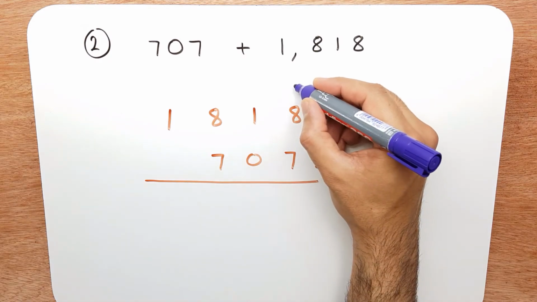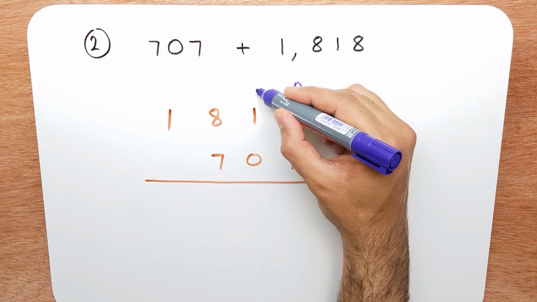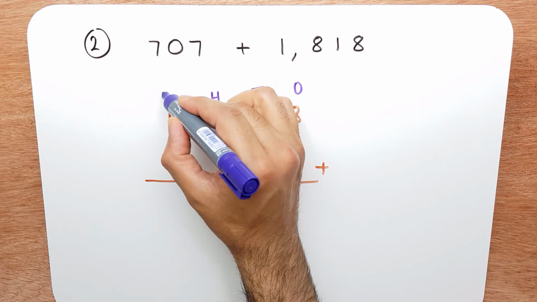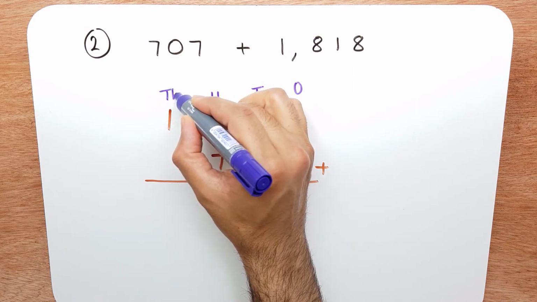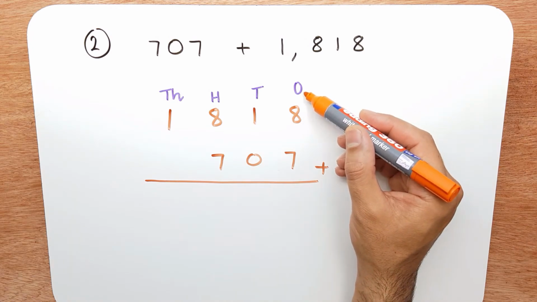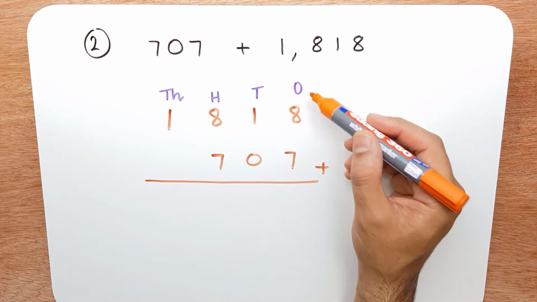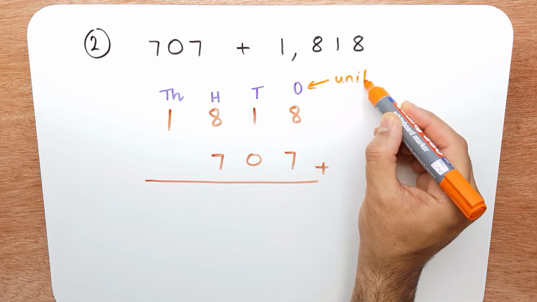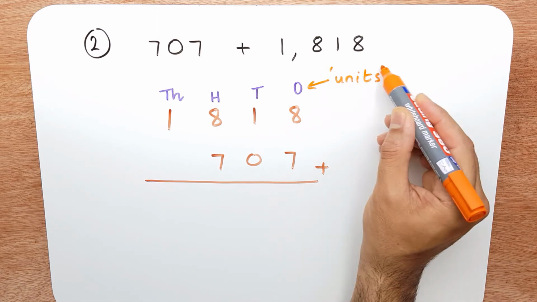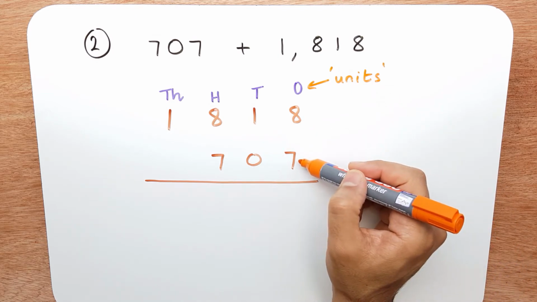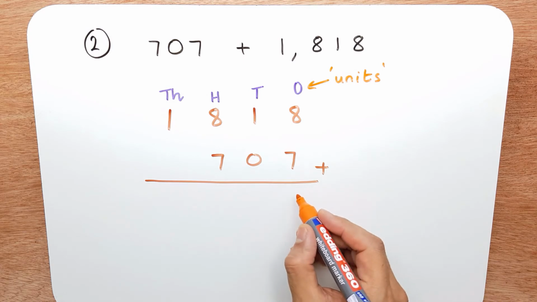As before, this is the ones column, tens column, hundreds column, and thousands column. Starting with the smallest column, which is the ones column or the units column. So let me just write that there for the older students. 8 add 7 is 15.